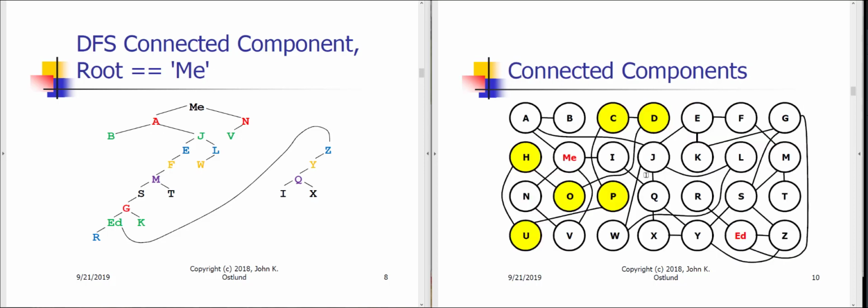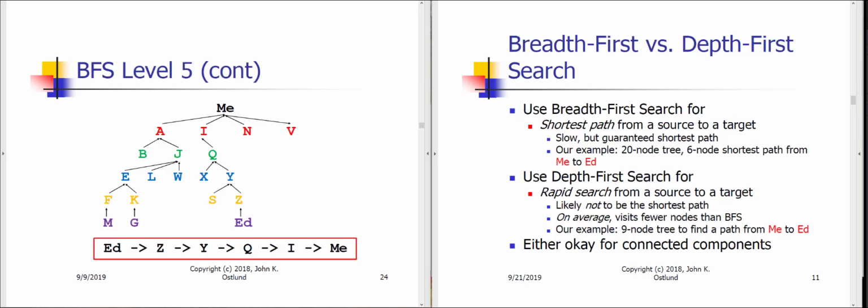And here in slide 10 is the same diagram that we saw of the connected components that we found using breadth-first search last week. So, given a graph, when might you use breadth-first search? When might you use depth-first search? Well, breadth-first search is good if you need to find the shortest path that exists between some source and some target.